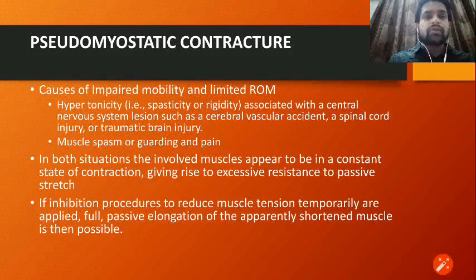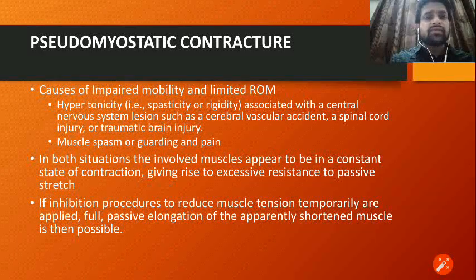Next is pseudomyostatic contracture. This causes impaired mobility and limited range of motion. Hypertonicity, that means spasticity or rigidity associated with a central nervous system lesion such as a cerebrovascular accident, a spinal cord injury or traumatic brain injury, can lead to this pseudomyostatic contracture, as can muscle spasm or guarding and pain.